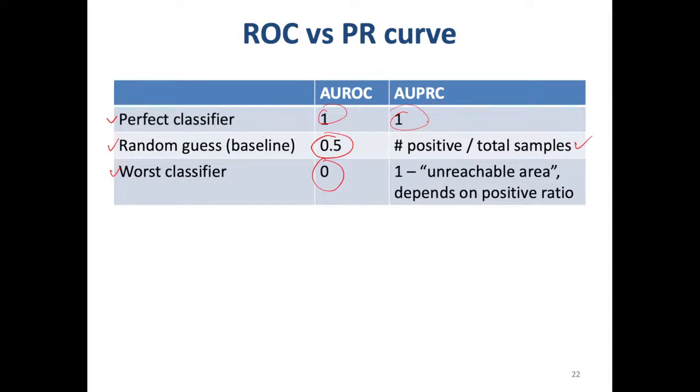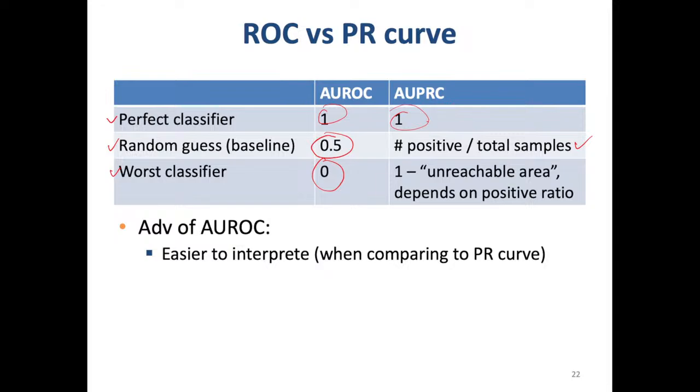Area under PR curve is 1 minus the unreachable area. So the advantage of ROC curve is that it's easier to interpret. Once you give the number, you know how good or how bad the classifier is.